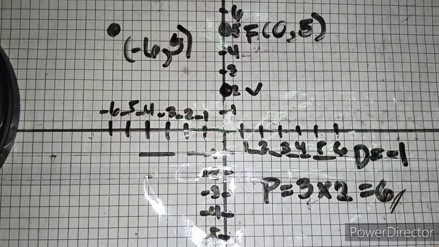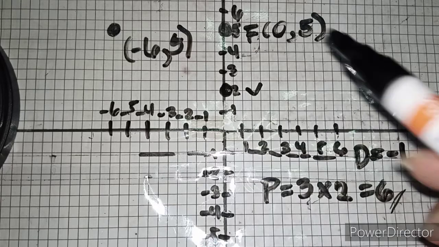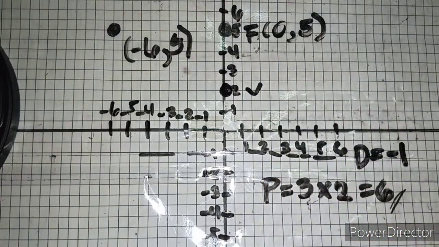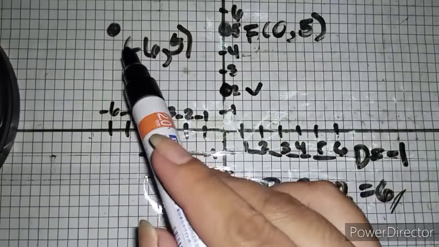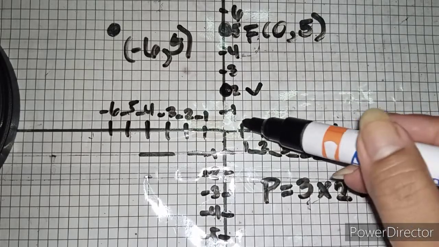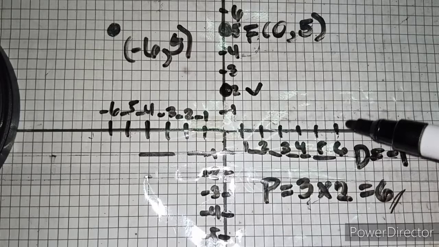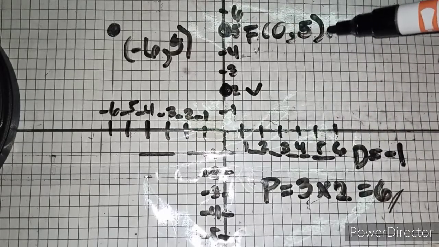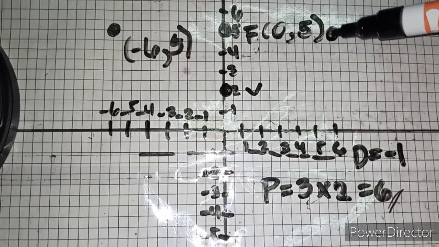Then the second. From the focus again, going to the other endpoint of the latus rectum. What we did on the left side, we also do on the right side. So, we have 1, 2, 3, 4, 5, 6. It is here now.